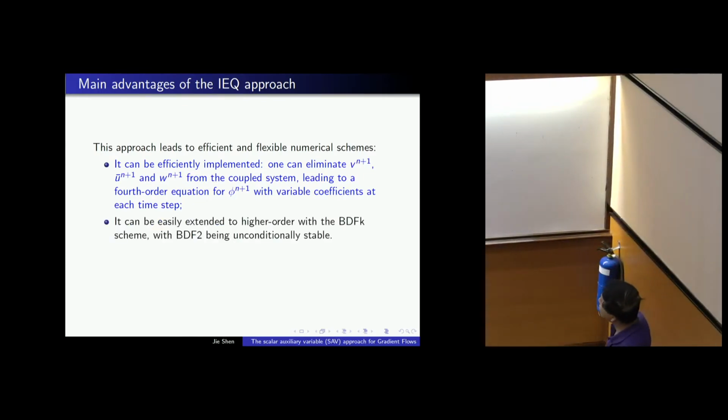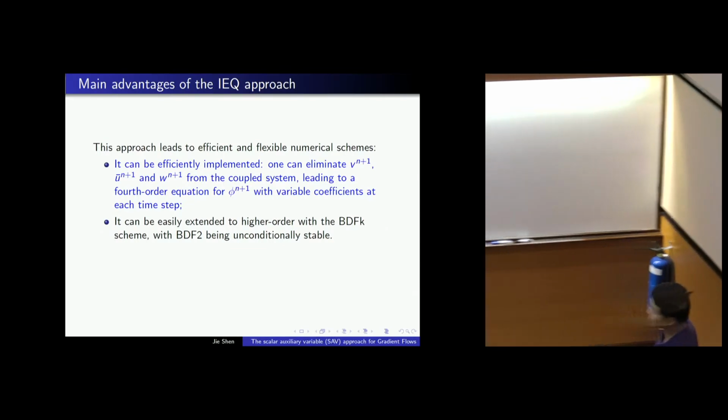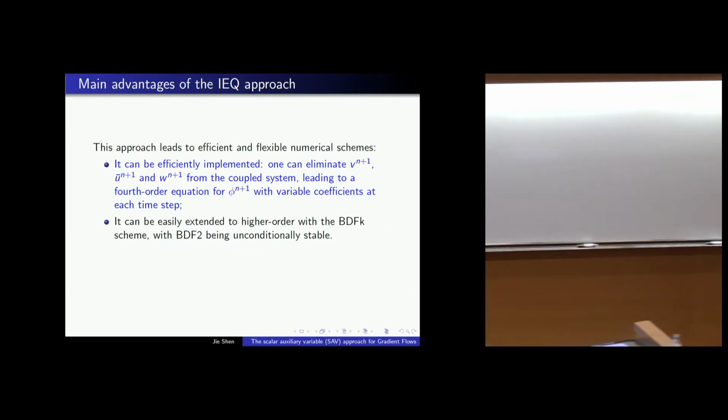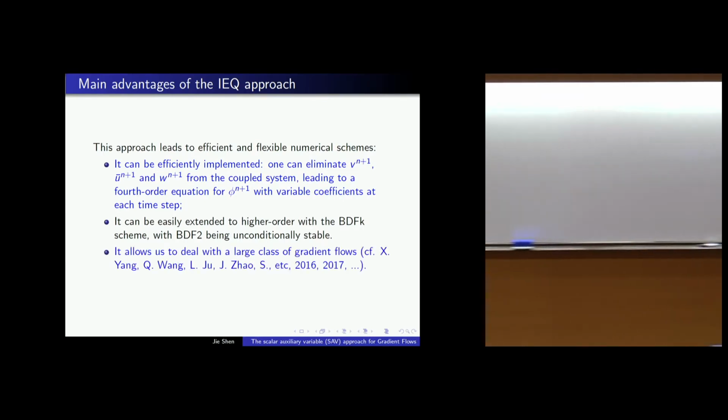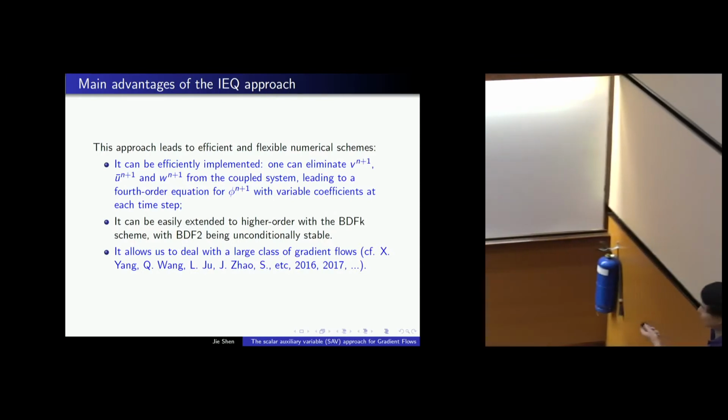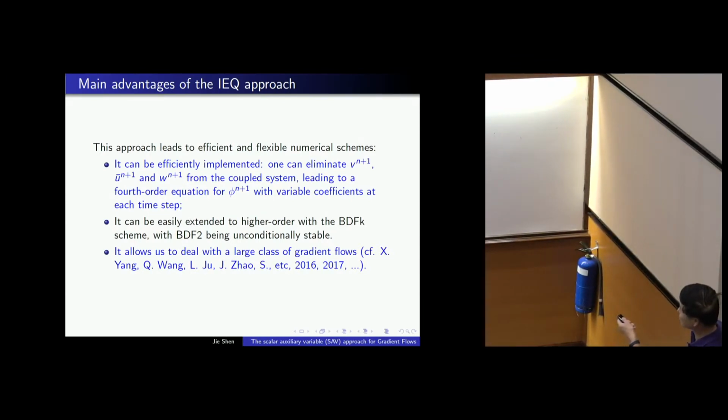And a more interesting thing is that not only can you do first order, it automatically extends to BDF2 or BDFk. And certainly it allows us to deal with a large class of gradient flows.